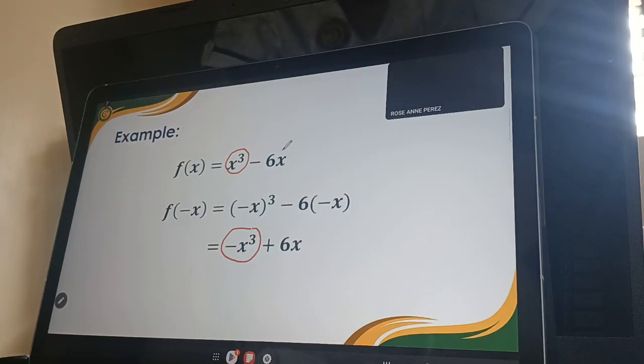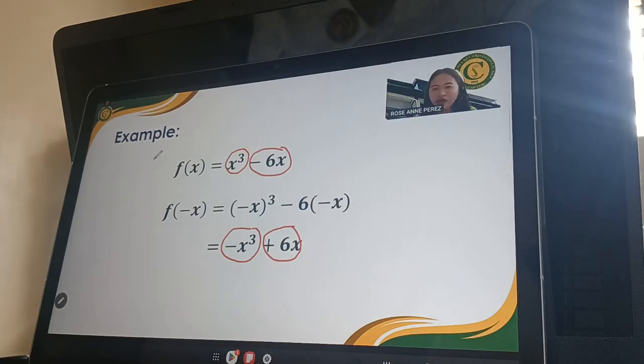For the second term, it's negative, and in its answer it's positive. So the two terms have opposite signs. Therefore, it is an odd function. Okay, very good.